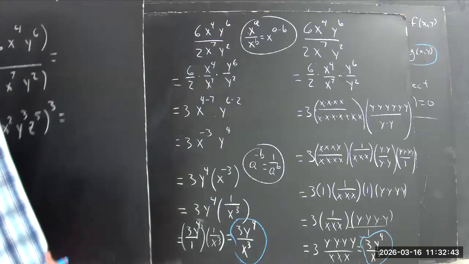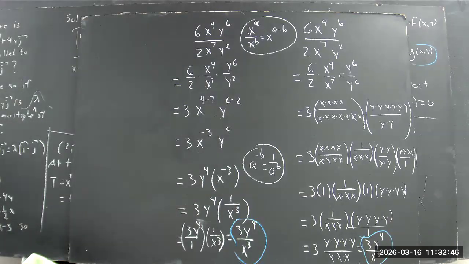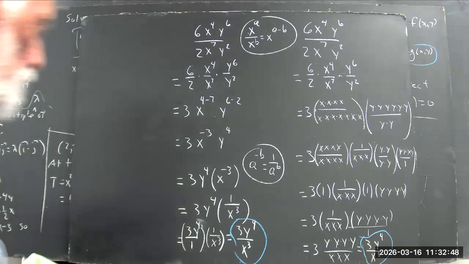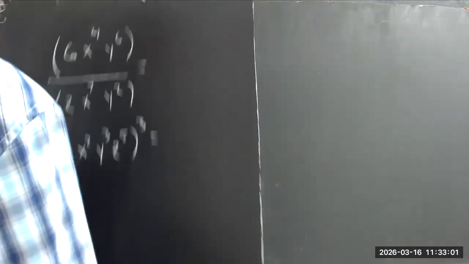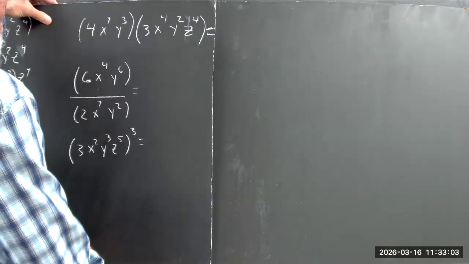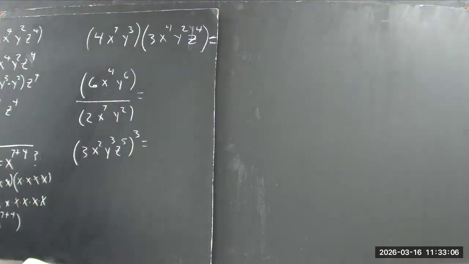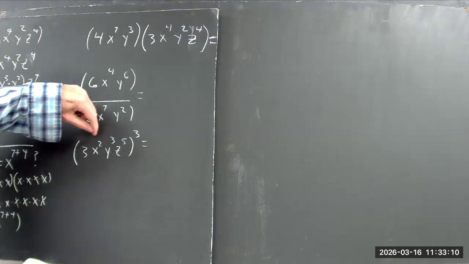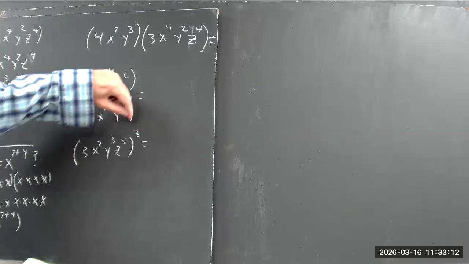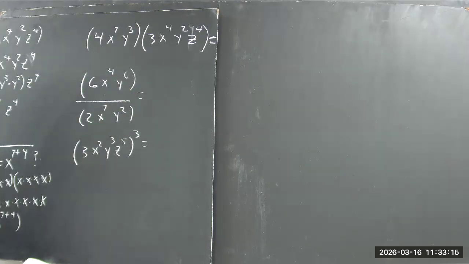Now, I probably need a little more board space, so we'll get that. Okay, the third quiz problem was the quantity 3x squared y cubed z to the fifth raised to the third power.